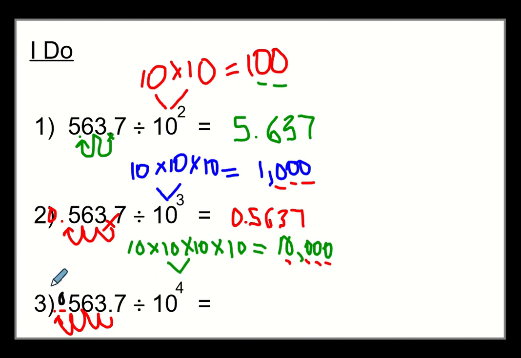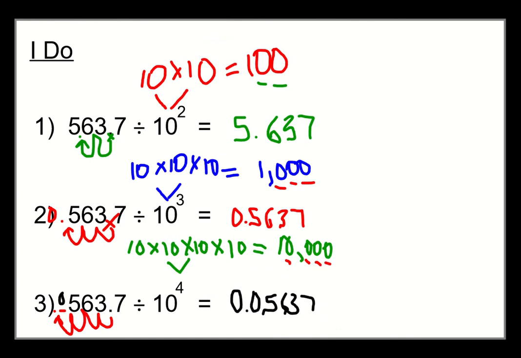And then, as I said before, it's often good practice to put a 0 on the left-hand side of that decimal, so we'll put that over here. So 563 and 7/10 divided by 10 to the fourth power equals, let's see, 5,637 hundred thousandths.